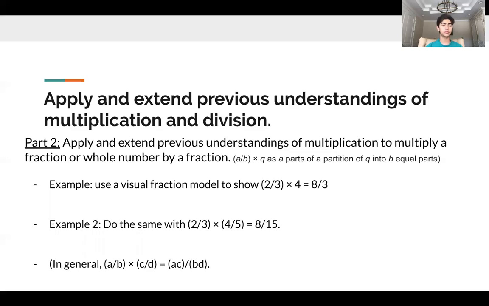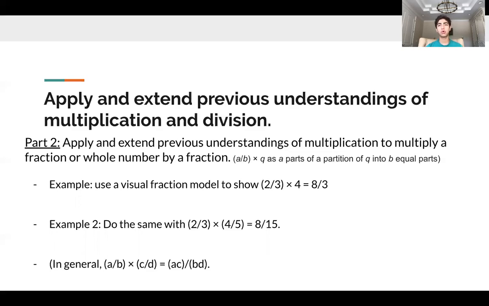Now, the first example says, use a visual fraction model to show that 2/3 times 4 is equal to 8/3. Well, we don't have a picture here, but you could really just think of a pie, right? A pie cut into 3 equal pieces. 2 out of the 3 pieces are filled in with, let's say, red, and the other piece is left blank.